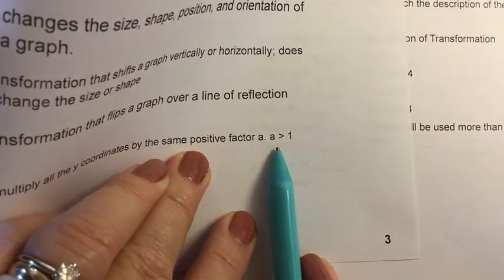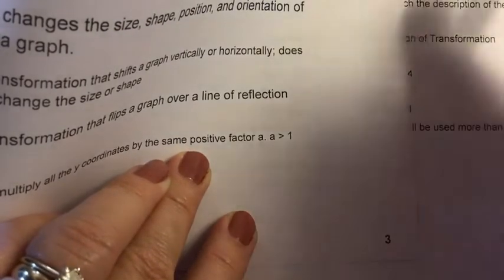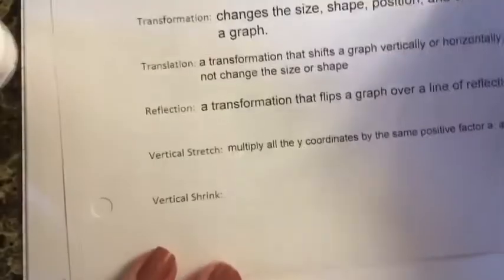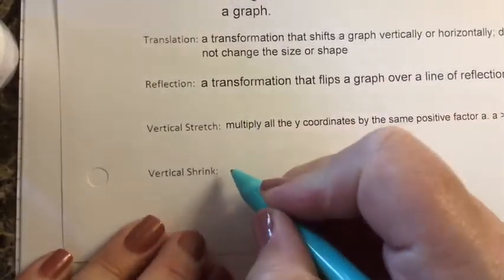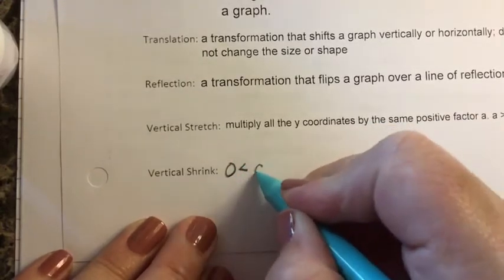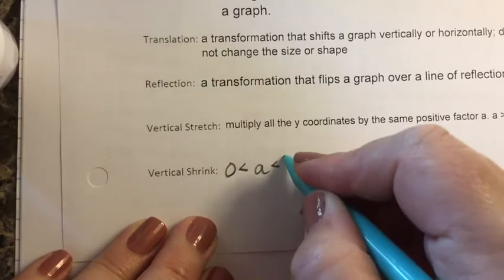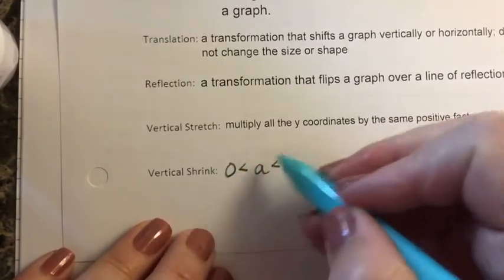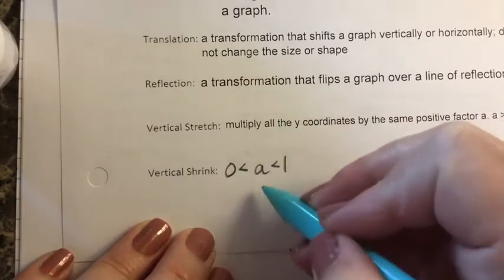You're going to multiply by a positive factor, except that factor A is going to be a fraction, meaning it has to be bigger than 0 and less than 1. So a vertical shrink is when you multiply the y-coordinates by a fraction.